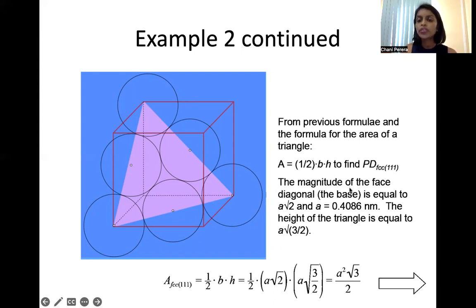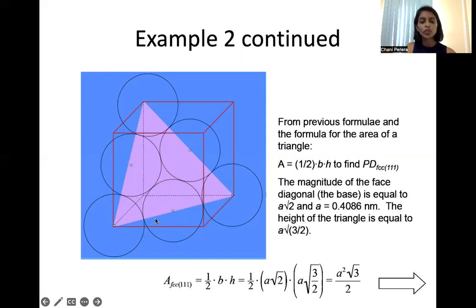So the magnitude of the face diagonal, that is the base: if this is A, this is a right angle triangle, so you can just use the Pythagoras theorem, and this is going to be A square root 2.